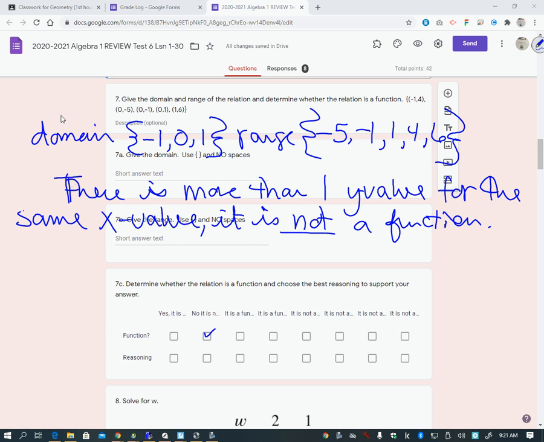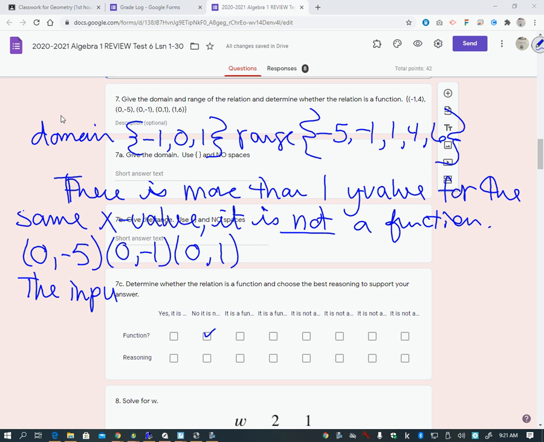And I would point to 0, -5, 0, -1, 0, 1, and then say, the input 0 has 3 different outputs. Does that reasoning make sense? Now, it's not always going to be 0 that's a problem, but in this particular question it is.